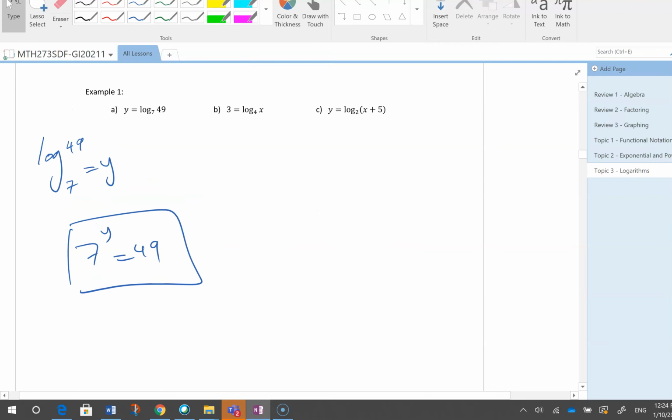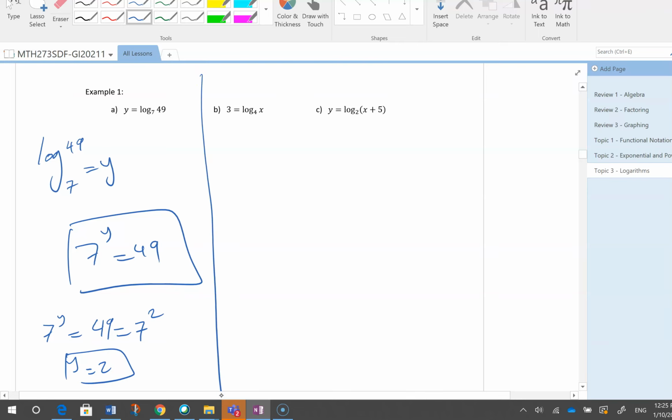Yes, because 7 power y is 7 power 2, which is 49, and y is 2. How about this one? Logarithm of x base 4 is 3. So 4 power 3 is x. So what is x then? x is 64.